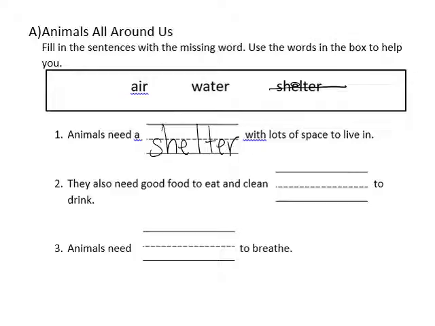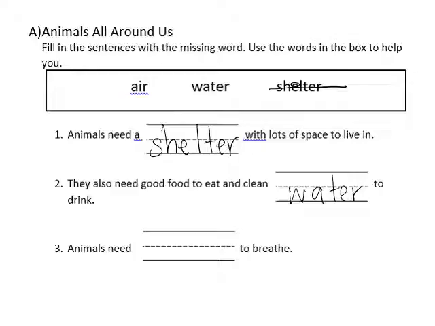Next, let me hear you. Tiam. They also need good food to eat and clean water to drink.